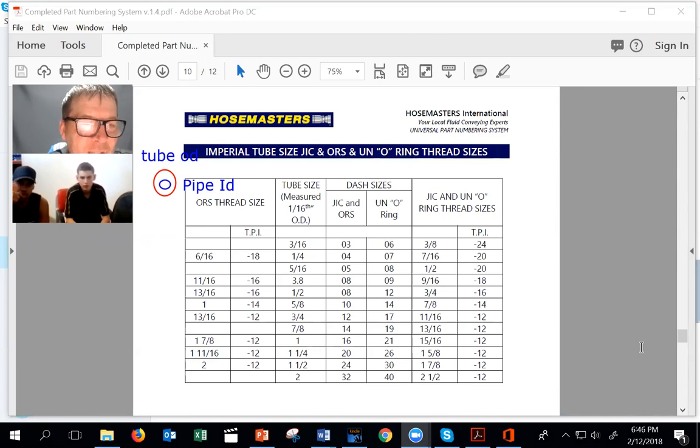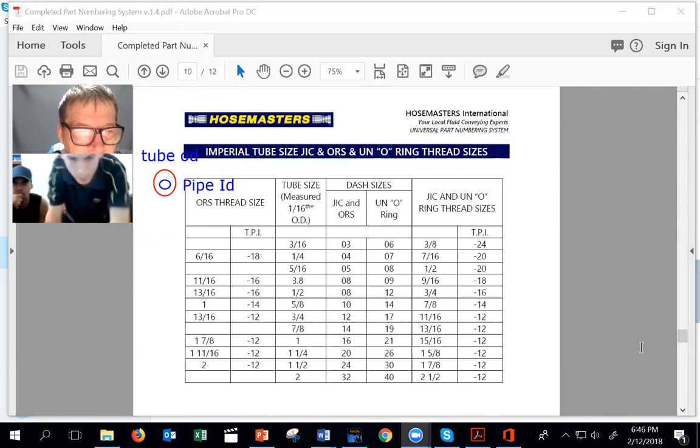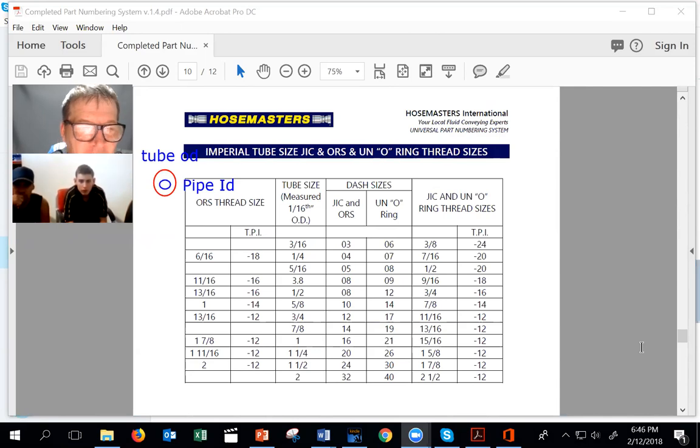It's dash 16, so it's 16 threads per inch. Okay, what's its dash size going to be? For the ORSF, if you just follow it along, what's its dash size? 8. Exactly right.